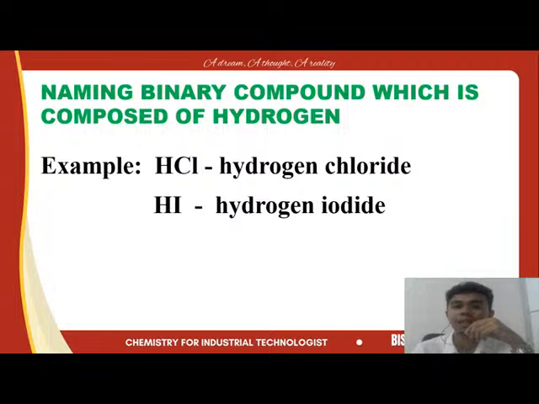If it contains hydrogen, all you have to do, the same as in our previous discussion, is state the first element, hydrogen, as your first word, and the second word is made by affixing -ide to the root word of the nonmetal.